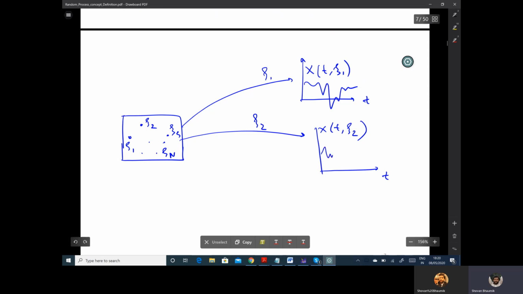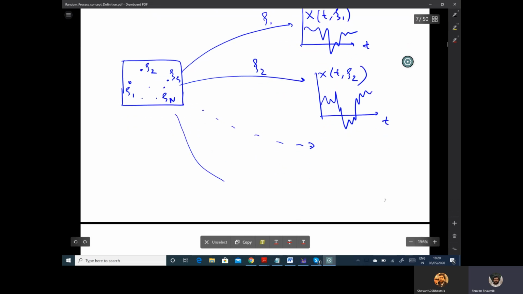Similarly, for all the zeta, and for zeta n, we assign another function, t versus x(t, zeta n).